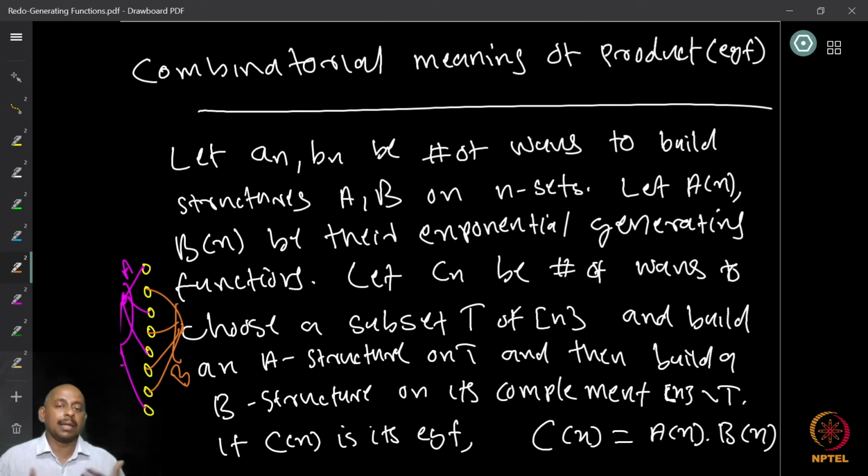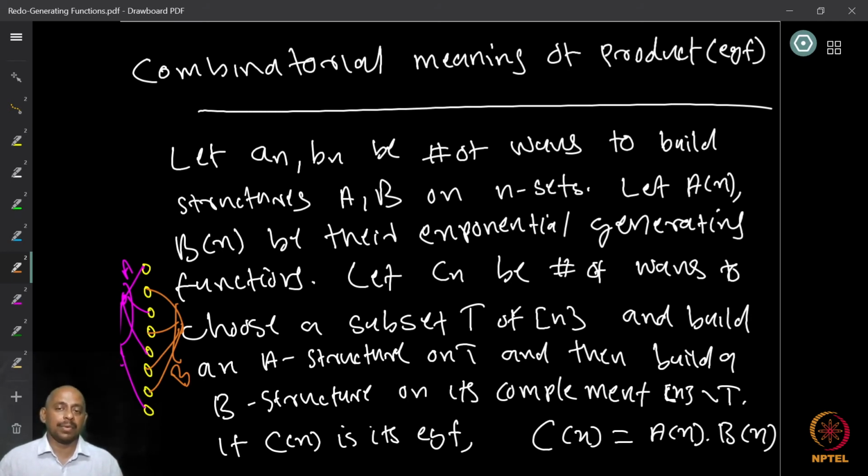Now, if Cn is the number of ways of doing this, then the claim is that C of x is A of x times B of x, and the coefficient of x raised to n in this product counts the number of ways of doing this. So An is the number of ways to build type A structures on an n element set. Bn is the number of ways to build type B structures on it.